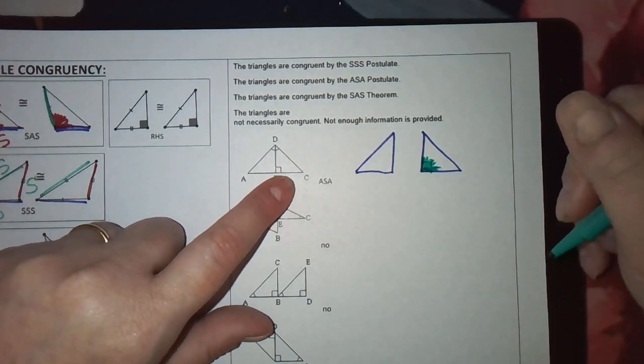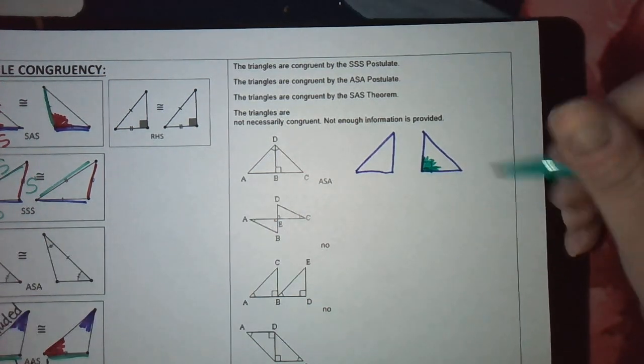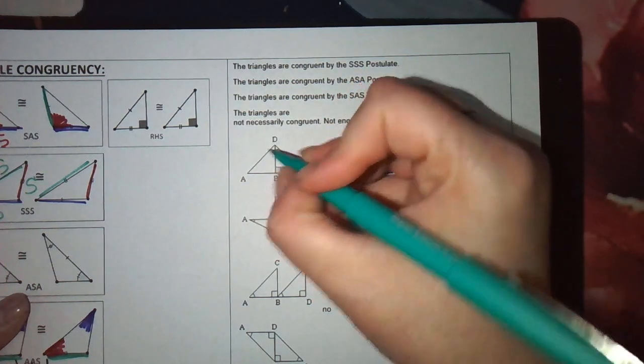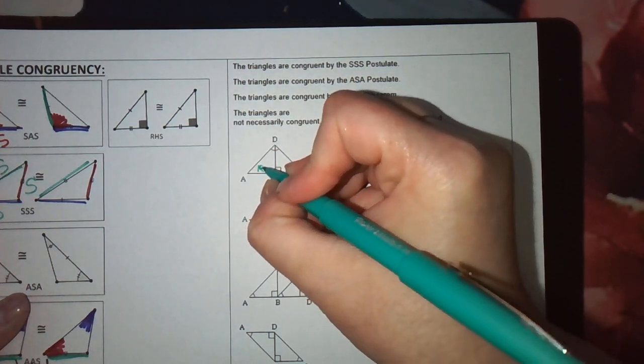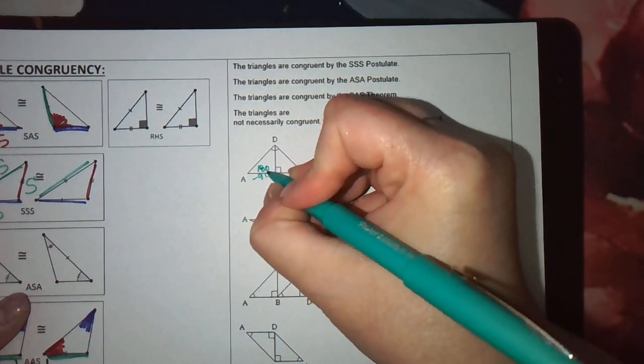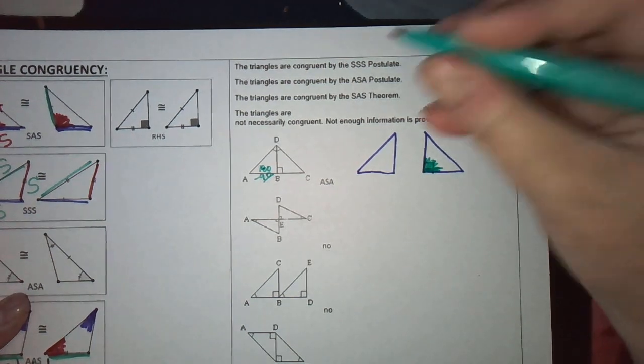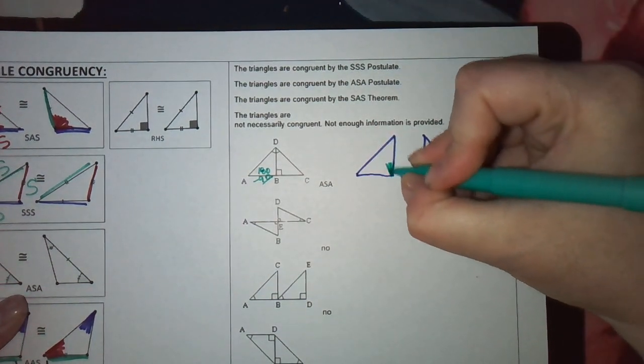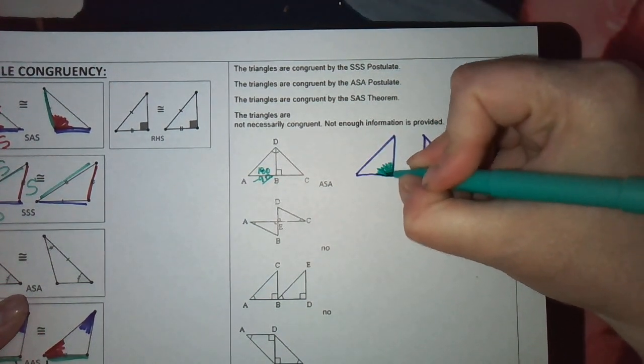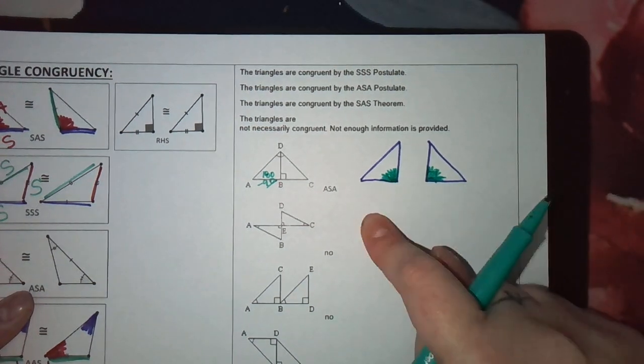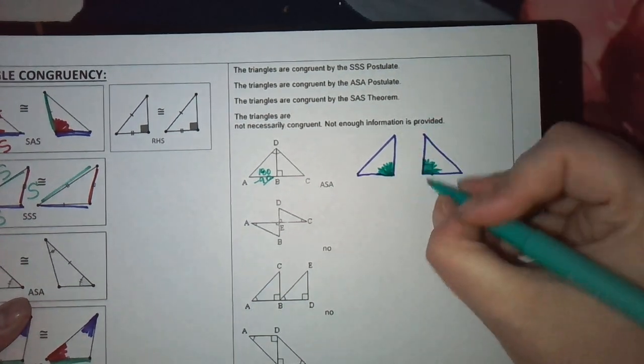And since we know it's a right angle on the right, we know that the left beside of it is whatever 180 minus 90 is. And that's 90 degrees. So both of these angles are 90 degrees.